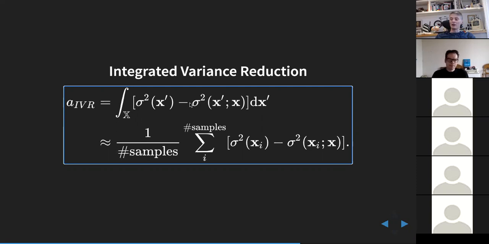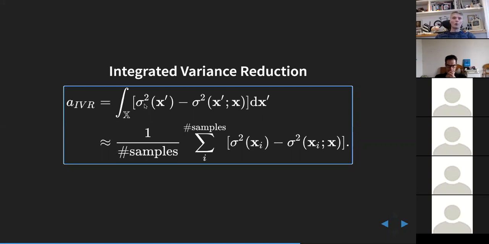So this is after the model update, I'm acquiring this new point x, and this is going to be my new variance after that update. And I'm going to integrate over that. So my variance reduction is the total variance I'm seeing at the moment minus what the new variance will be. So I'm integrating the variance across all points.